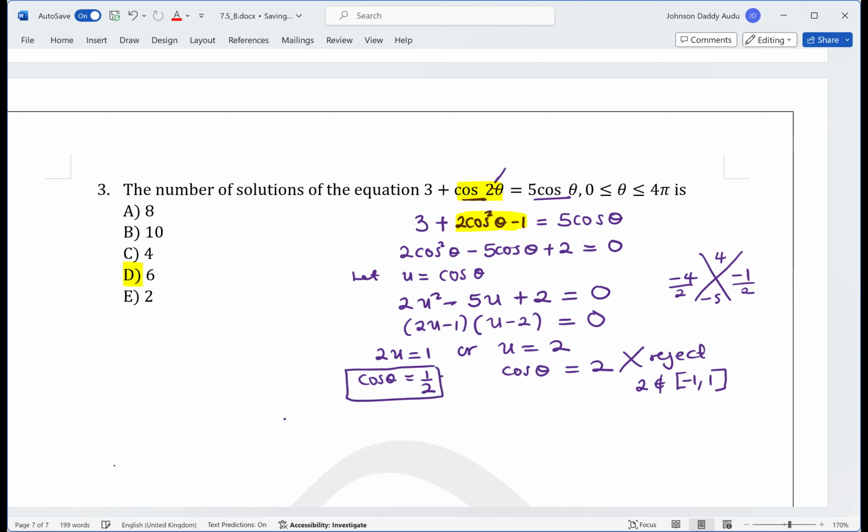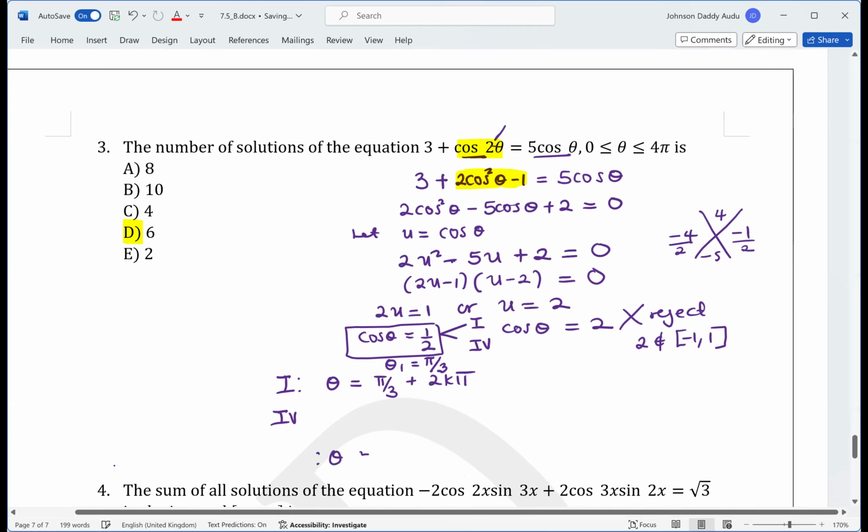And what is this? This could be either in the first or in the fourth. So if you are in the first, the reference is going to be what? Pi over 3, right? Which is 60. So if you're in the first quadrant, our theta is going to be pi over 3 plus 2k pi. If we are now in the fourth quadrant, because cosine is positive, the theta is going to be what?